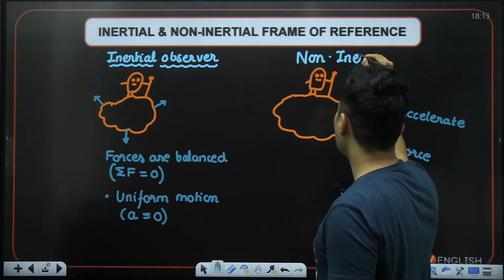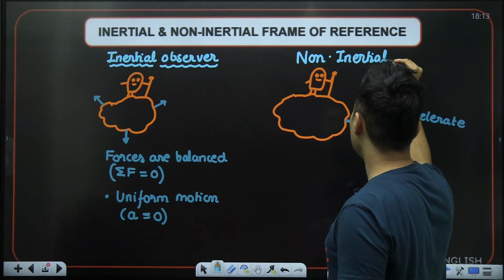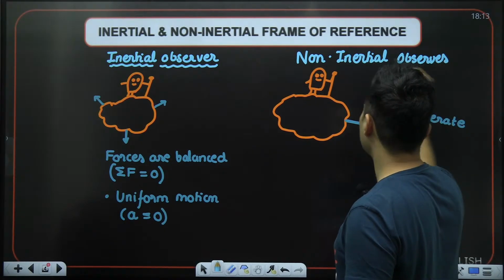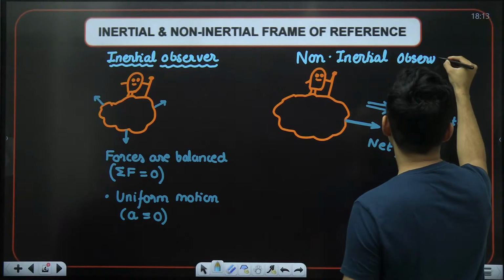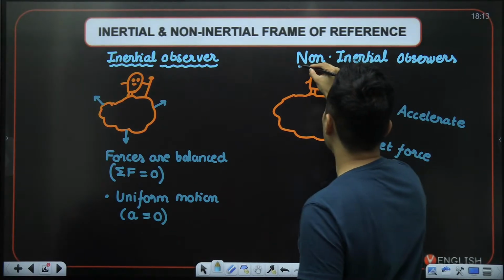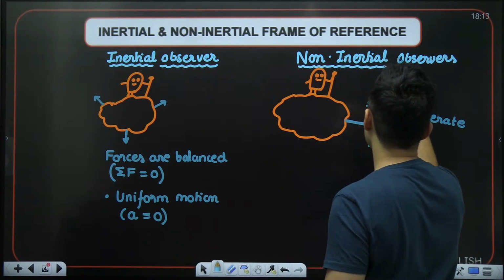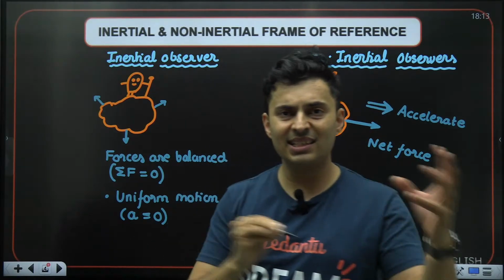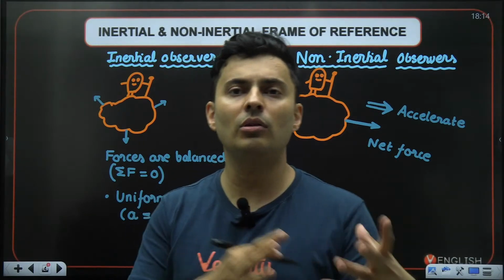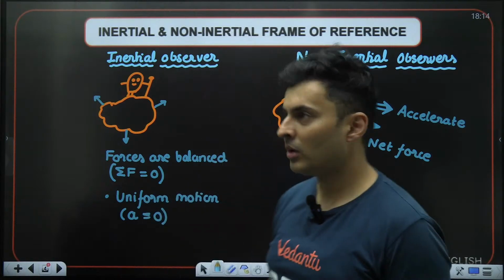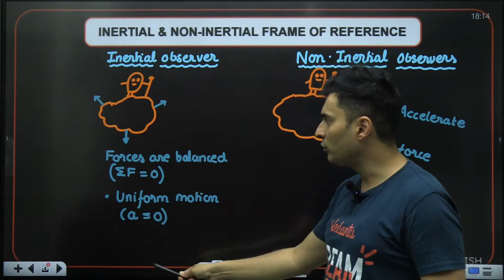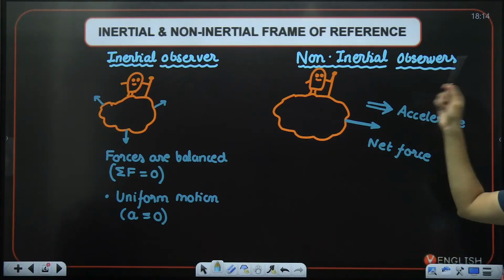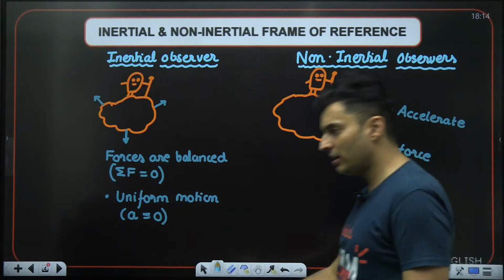They are non-inertial observers, non-inertial frames of reference, or whatever you want to call it. Is this absolutely clear, the difference between an inertial frame and a non-inertial frame? Net force is 0 in inertial. Acceleration and net force are there in the case of non-inertial frames of reference.